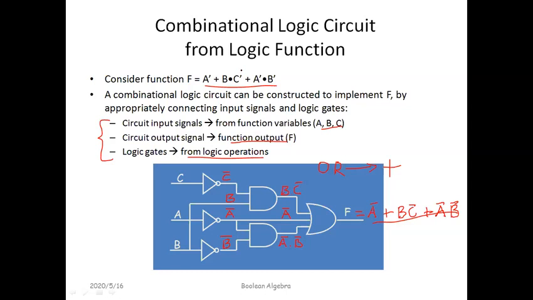If you can reduce it, the smaller the number of gates, the better, because that also reduces the propagation delay, the time taken for the signal to move from the input to the output. Okay.